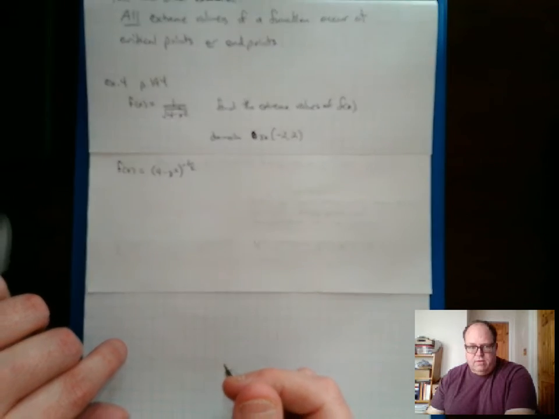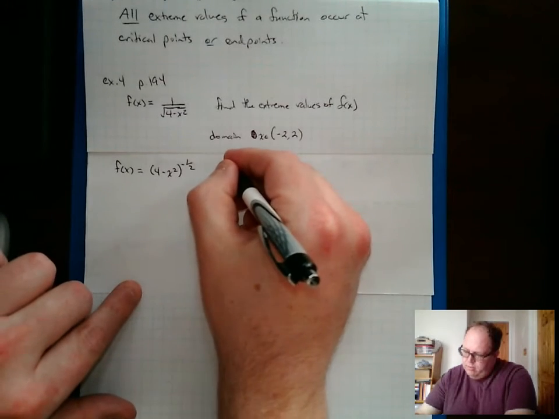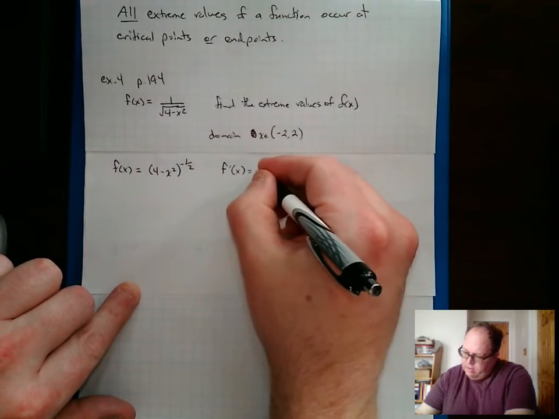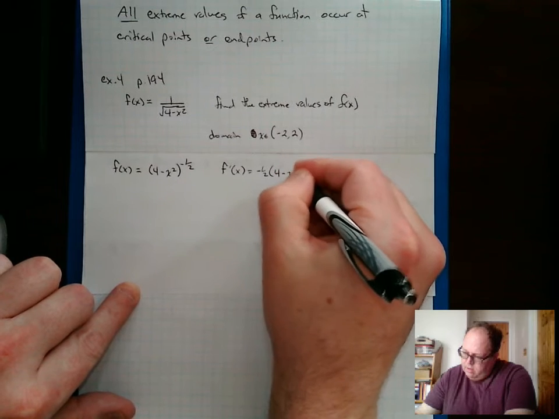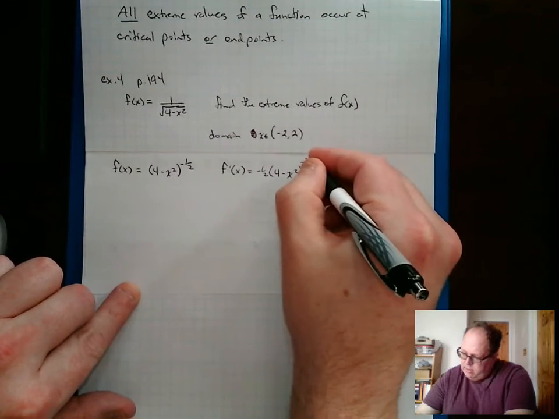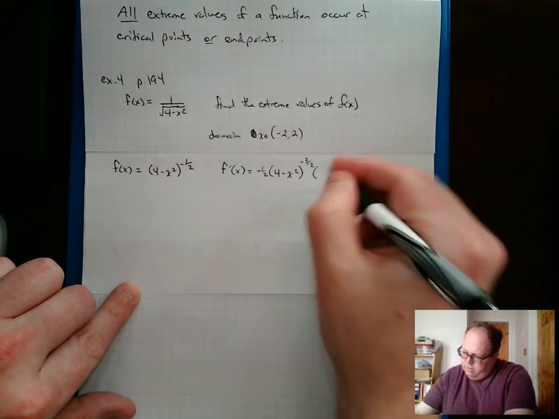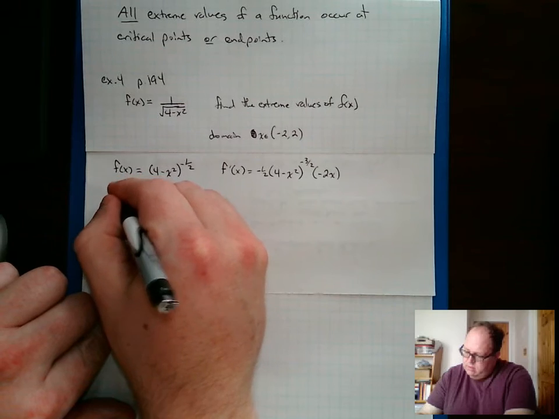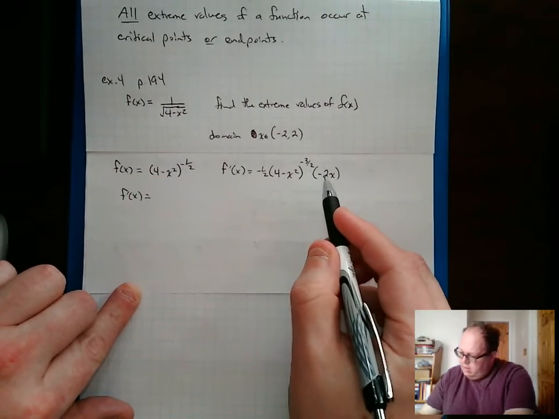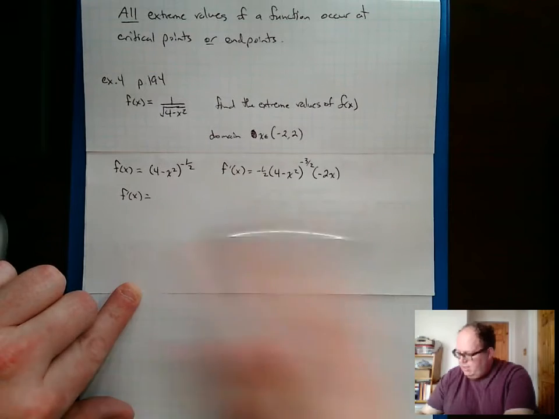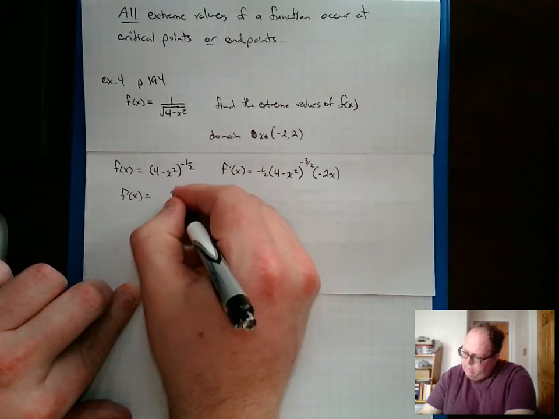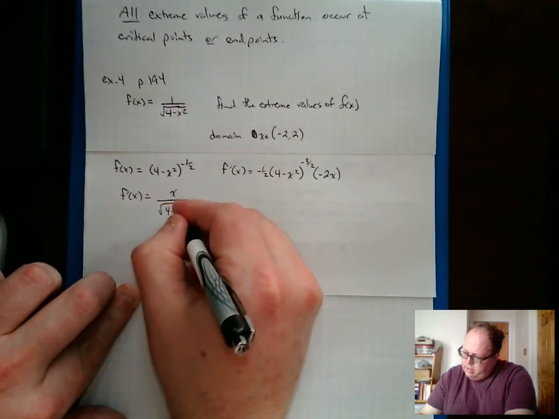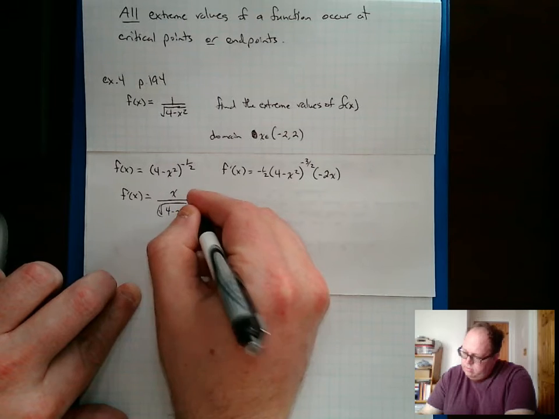So then the derivative of this, if I use my chain rule properly, should be bring the power down, leave the argument alone, reduce the power by 1, and then multiply by the derivative of what's in there. With some simplification, the negative 2 and the negative 1/2 multiplied together would cancel each other out, and I would have x over the square root of 4 minus x squared, cubed.